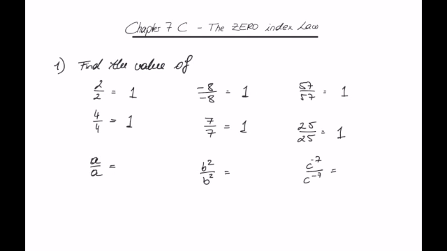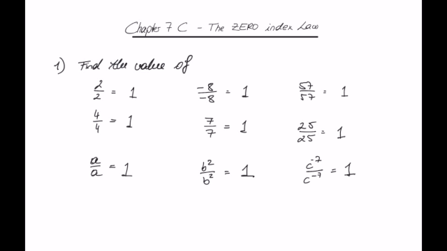Pause and try to write down the answers to these as well. I'm assuming that you have, so let's check the answers. a over a is also 1. b squared over b squared is 1. And c to the negative 7 over c to the negative 7 is also 1.